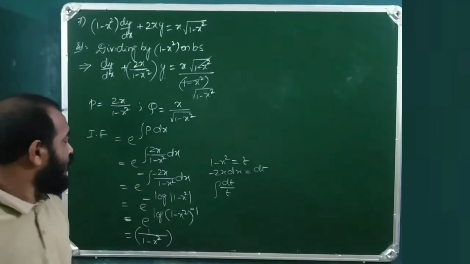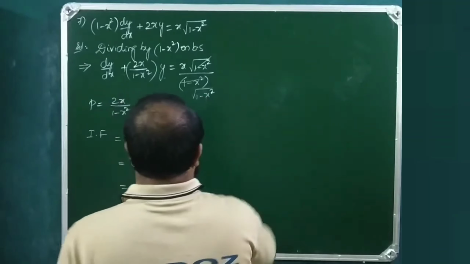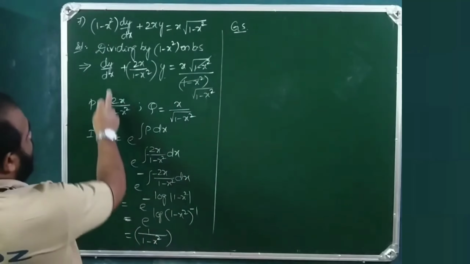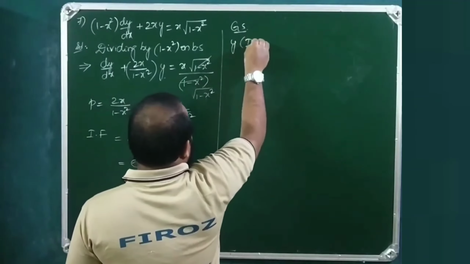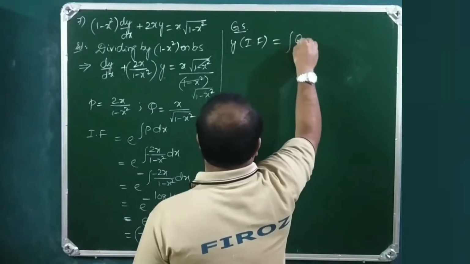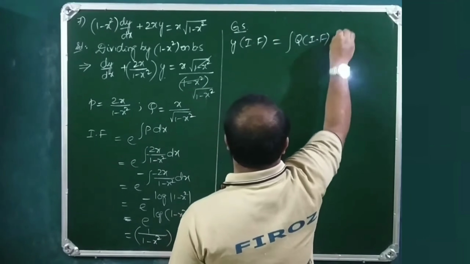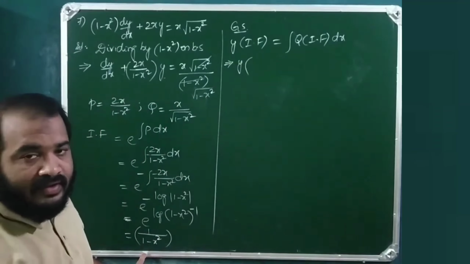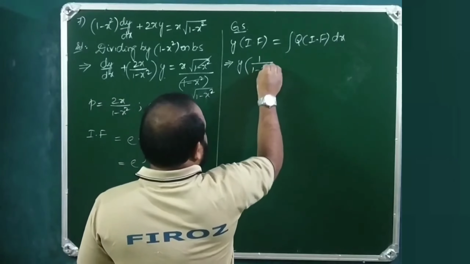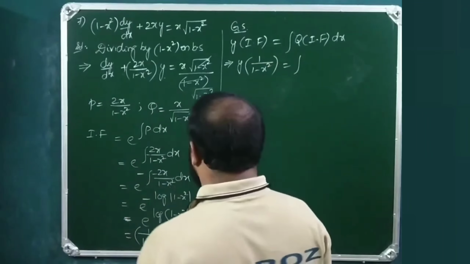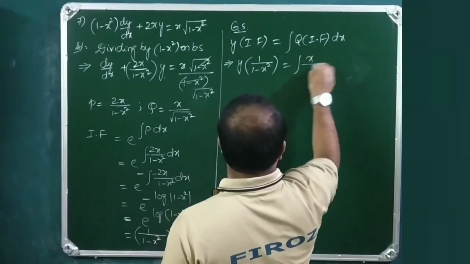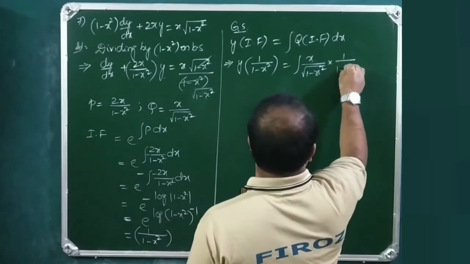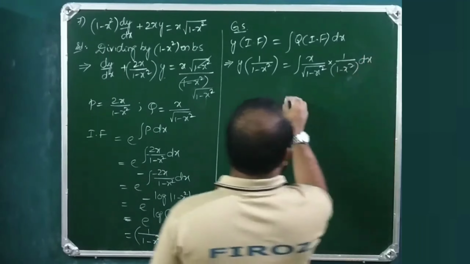And now the general solution is y into integrating factor equals integral q into integrating factor into dx. So y into integrating factor is 1 by 1 minus x square, equals integral, q is x by root of 1 minus x square, into this 1 minus x square dx.